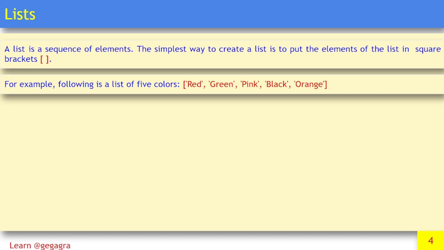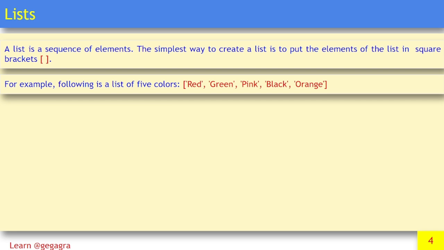For example, following is a list of 5 colors. I declared a list having the colors red, green, pink, black, and orange. There are 5 colors, and you can observe that all these colors are enclosed in square brackets. This is called a list.